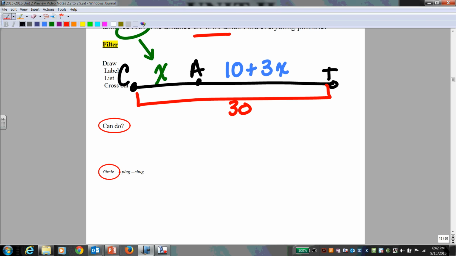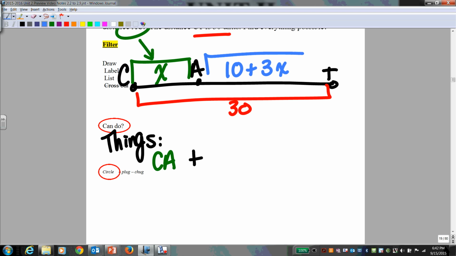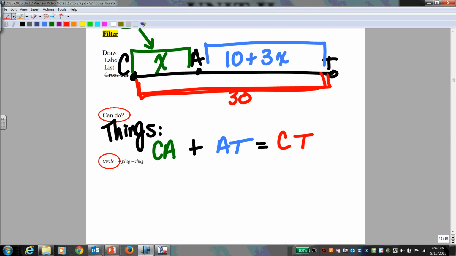Remember, we do a things first equation, things first. And the things first equation says this, the distance of CA plus the distance of A to T equals the distance C to T. Now we can circle, plug, check.